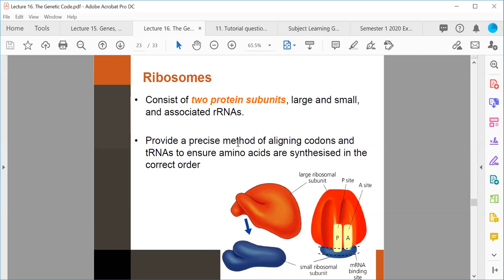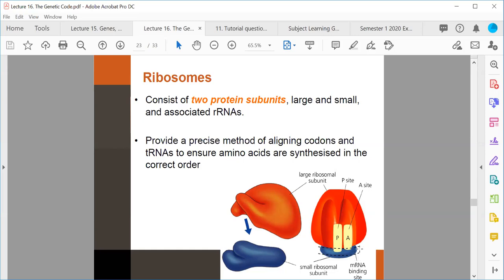So ribosomes actually provide a precise method of aligning the codons found within the messenger RNA molecule and aligning the transfer RNA molecules that are actually transporting the amino acids to the ribosome. The ribosomes enable the alignment between the 2 to ensure that amino acids are synthesized in the correct order within the polypeptide. So we can see that when those 2 ribosomes bind together, and here we have one complete ribosome.